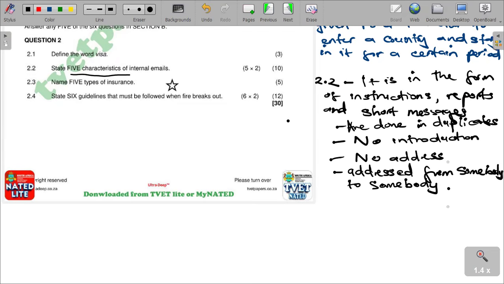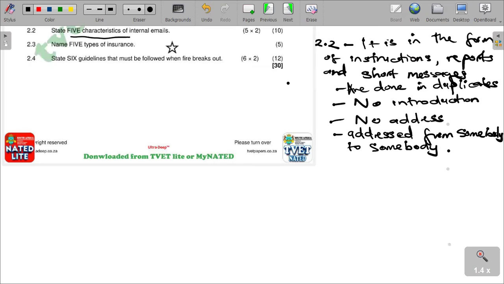Let's move on to 2.3. Name 5 types of insurance. So this includes life insurance. We have what we call fidelity insurance.